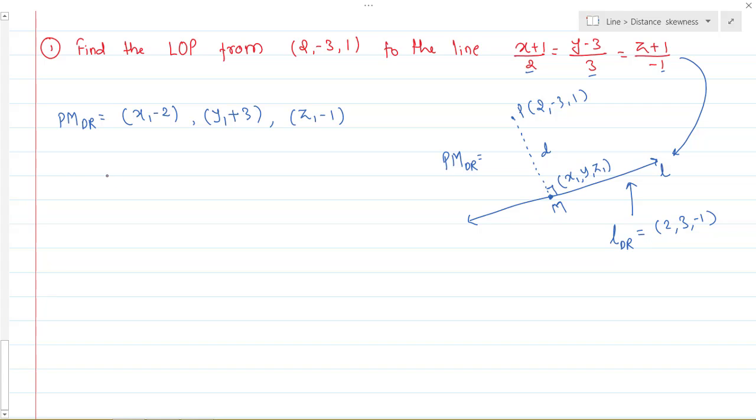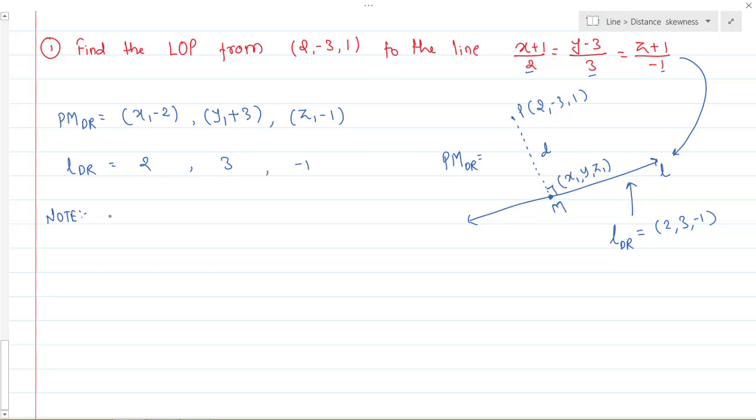You know the direction ratios of this line, which is nothing but 2, 3, -1. Now tell me the note which we have already studied in the vector form. Whenever two vectors are perpendicular, then what is the relation between the direction ratios?